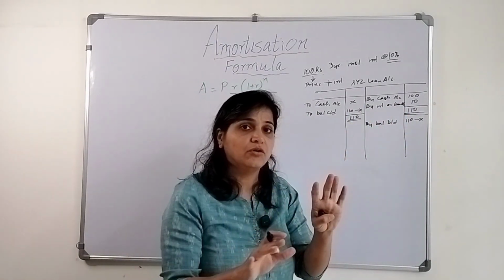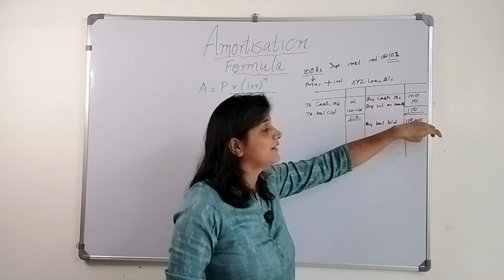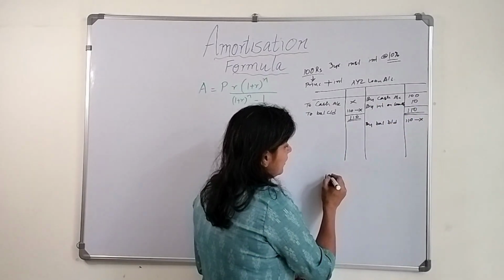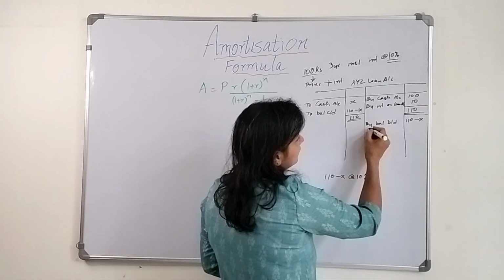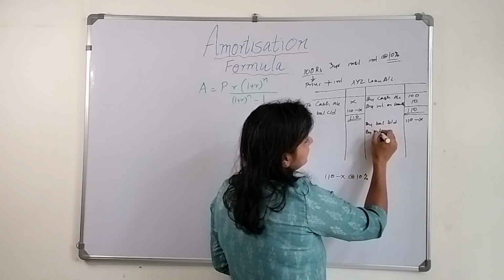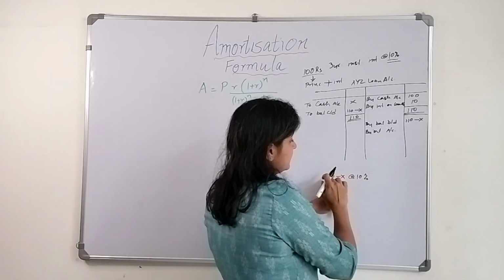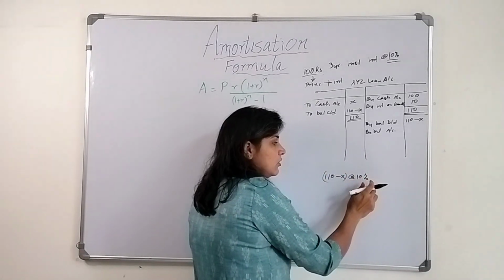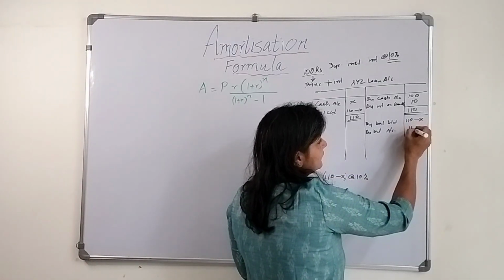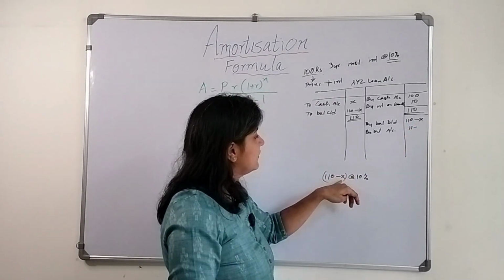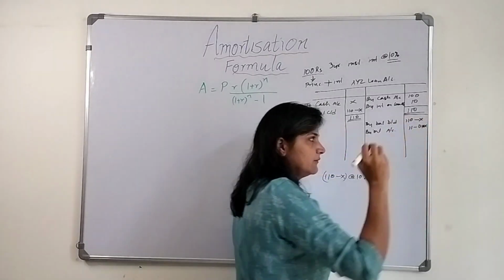Next year, the whole year I use this money, I have to pay interest on 110 minus X, at 10%. So the interest will be 10% of 110, which is 11, minus 10% of X, which is 0.10x.